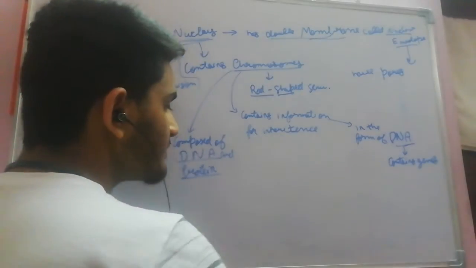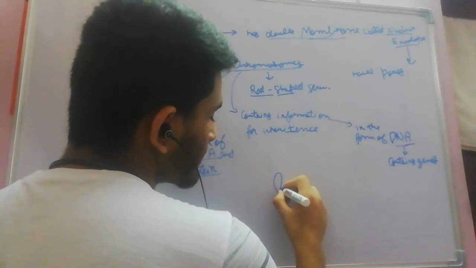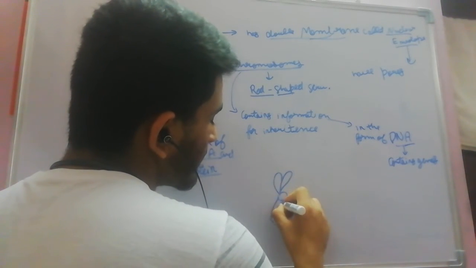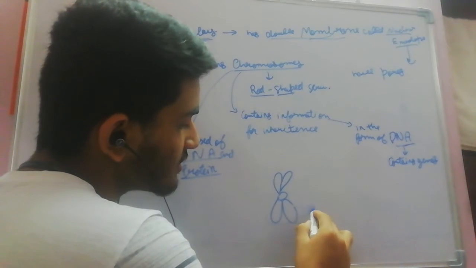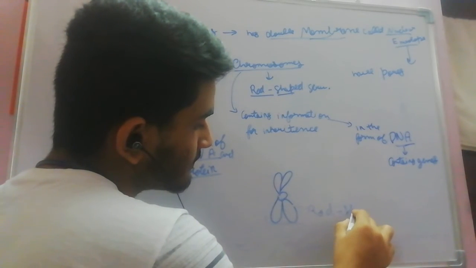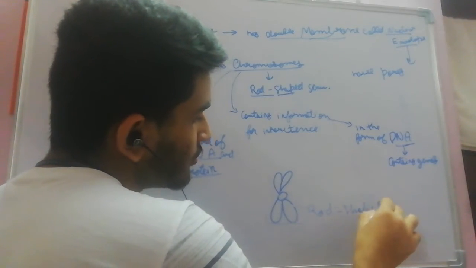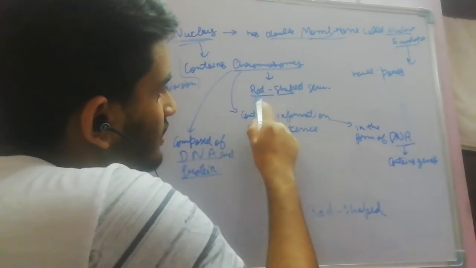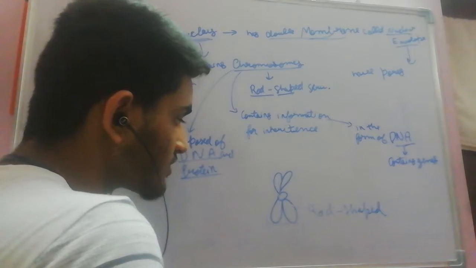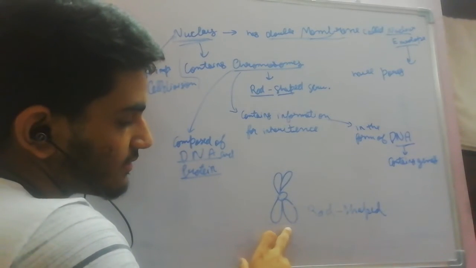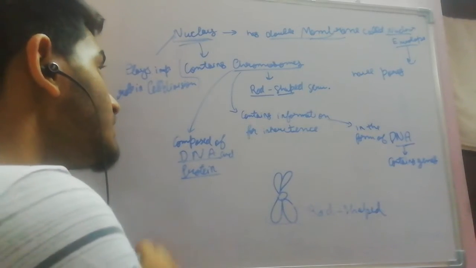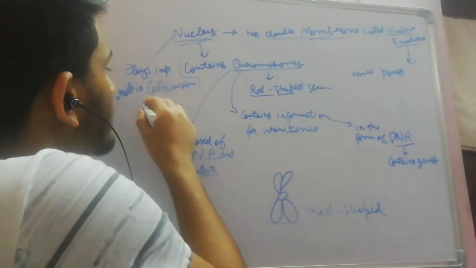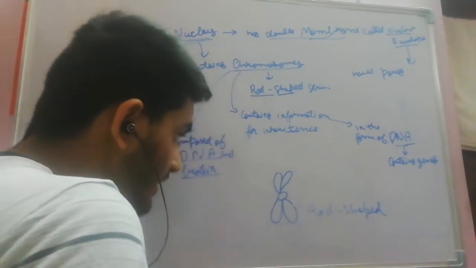So they are something like this. This is the rod shape. So the nucleus has chromosomes, which are rod shaped structures which look like this, and they play a very important role in cell division.